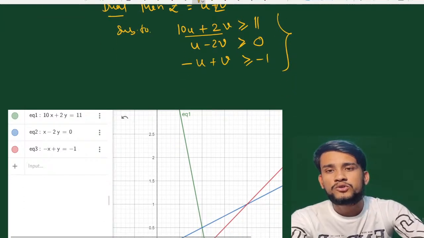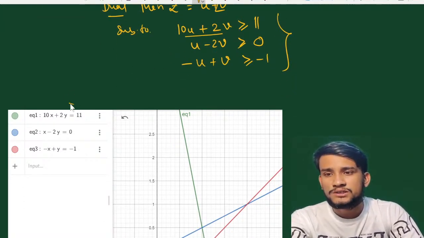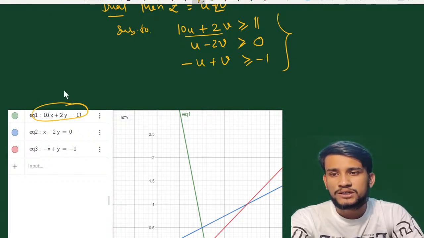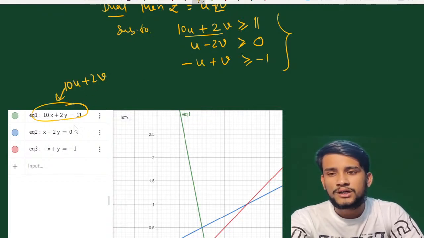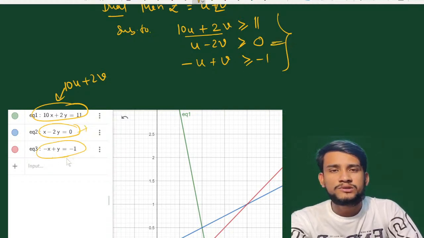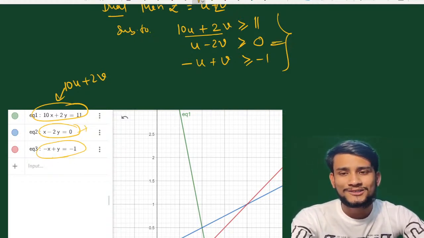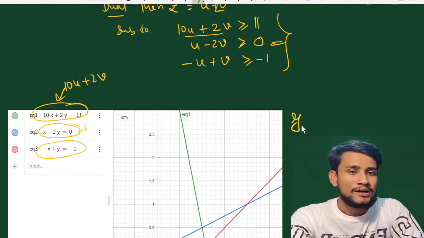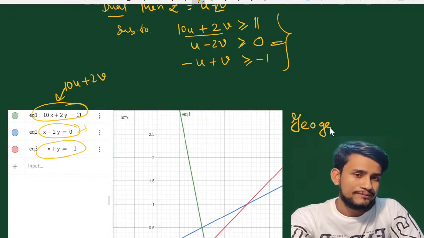If we draw the graph, the first equation is 10u plus 2v, and this is the second equation, u minus 2v equal to 0, and this is the third equation, because I am using software for this graph. You can also use the best graphing software, GeoGebra.